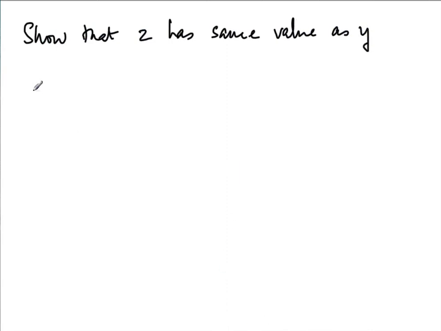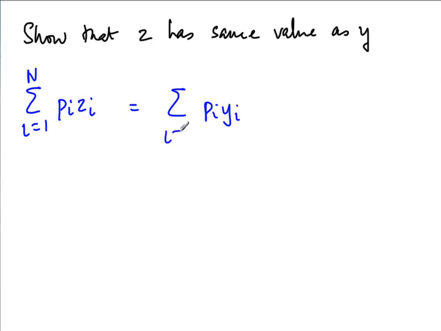Well, let's start with the expression for the value of z, which is just the summation of pi times zi from i equal to 1 to n, right? We just take that fraction of each profit that is reported in the zi's. Now how did we get here? We started with the solution y, which had value summation i equal to 1 to n of pi times yi, and then we added to this the quantity xk minus yk, because we increased yk to xk, and this produced a new profit of xk minus yk times pk, right?